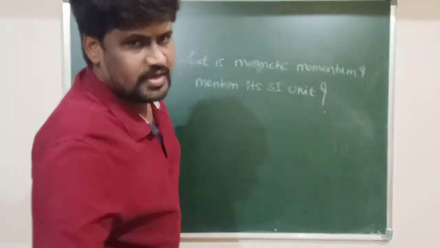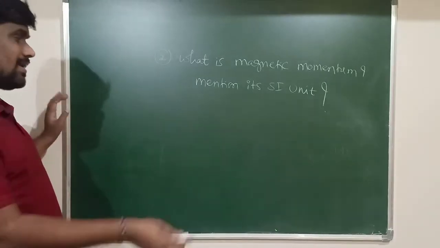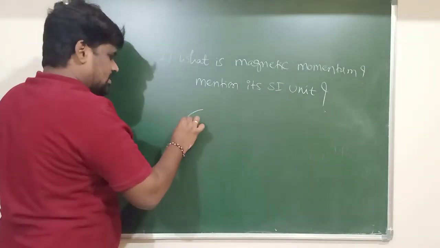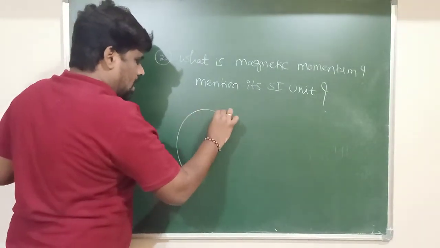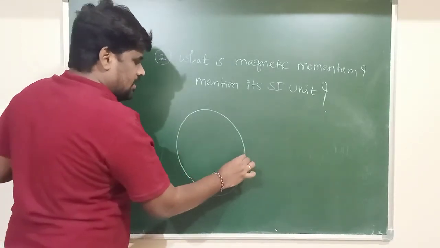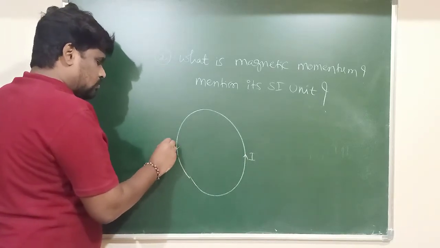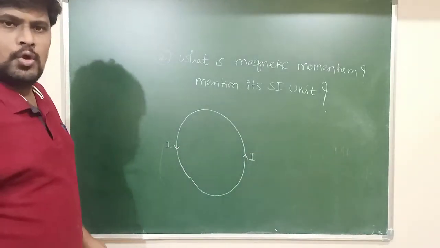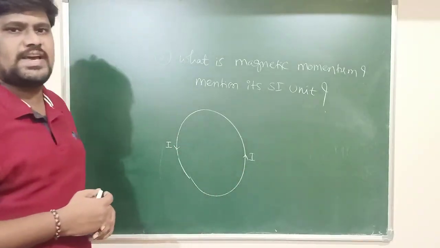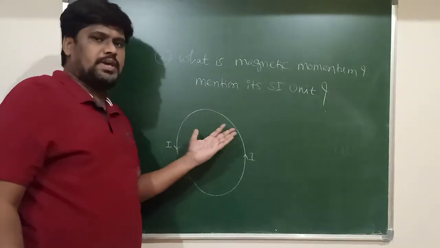Mention its SI unit. If you consider a circular coil or a circular loop and pass a current through this circular loop, one of its faces behaves as a north pole, and its opposite face behaves as a south pole.